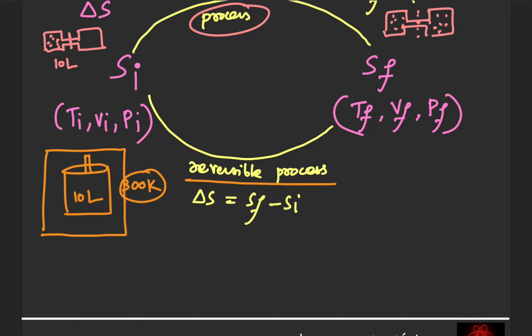Therefore the piston moves outward gradually until the final volume is 100 liters. Finally the picture will look something like this.